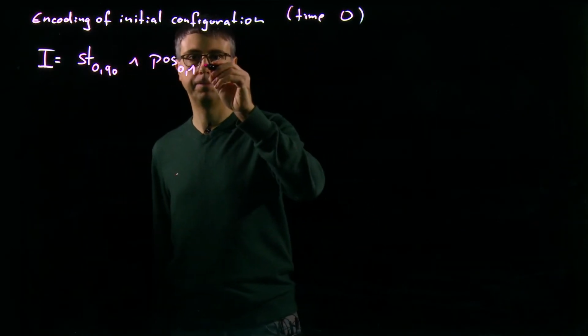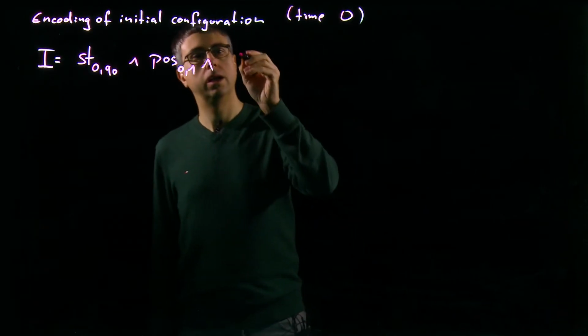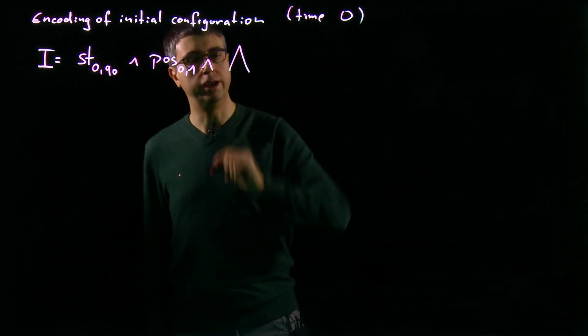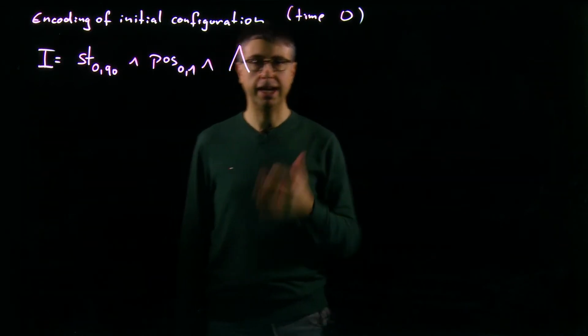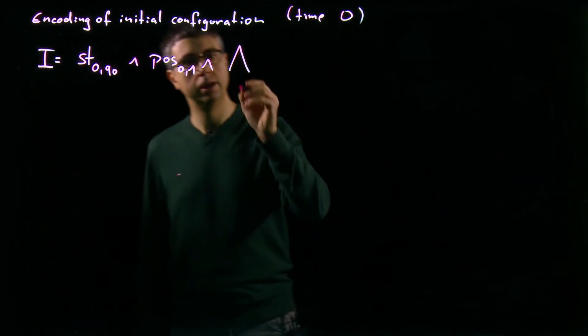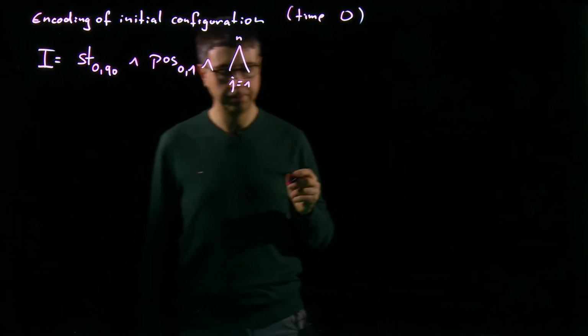on the first letter. Now we have to encode what's on the tape. On the tape is of course the input word x, from x_1 to x_n. So we start with j equals 1, go up to n.